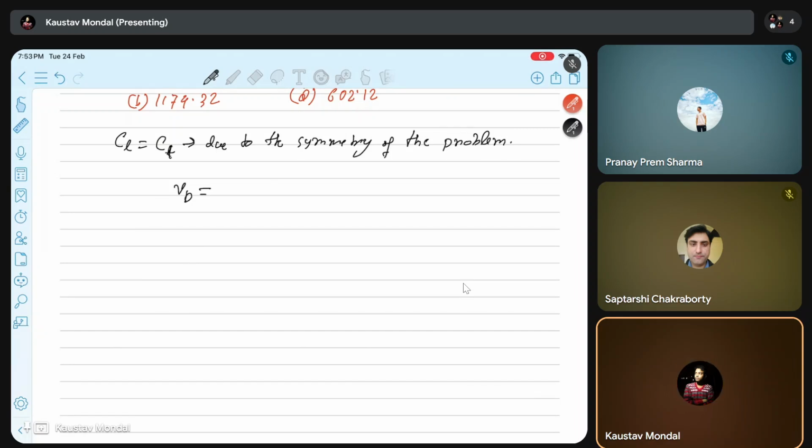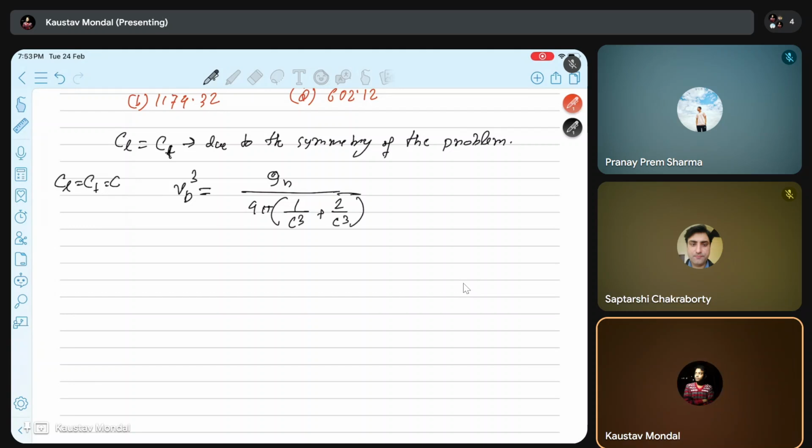So nu d cube we know is basically 9n into 4 pi into 1 by, let's consider CL equal to CT equal to C, 1 by C cube plus 2 by C cube.